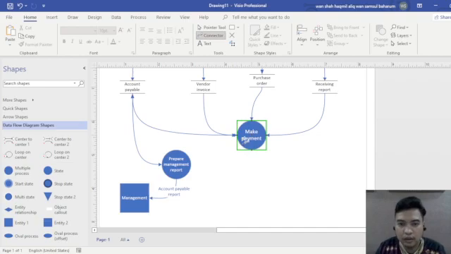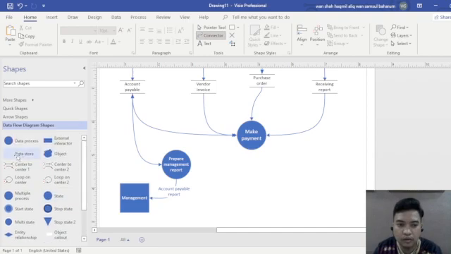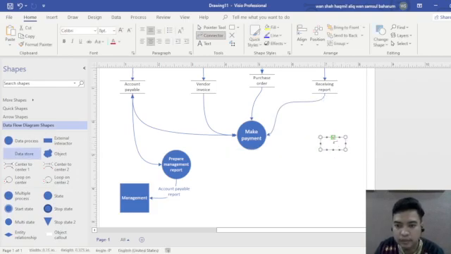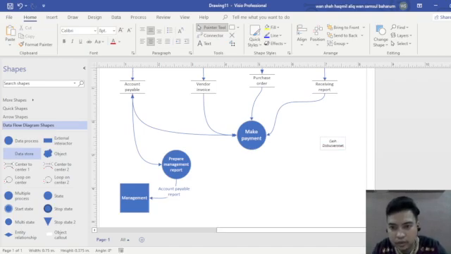And then after make a payment, there will be one data store for the cash disbursement journal. So there will be a data store here with the name cash disbursement journal.